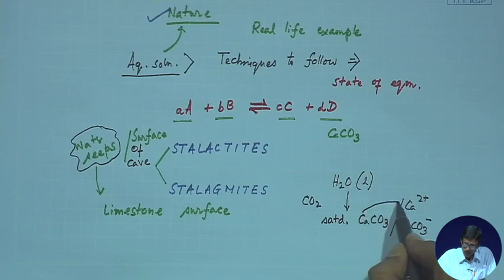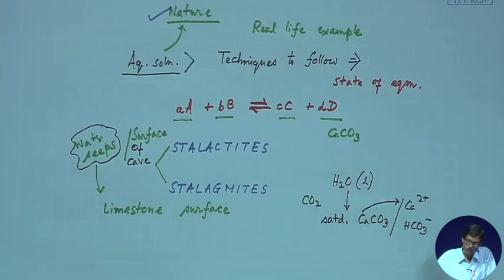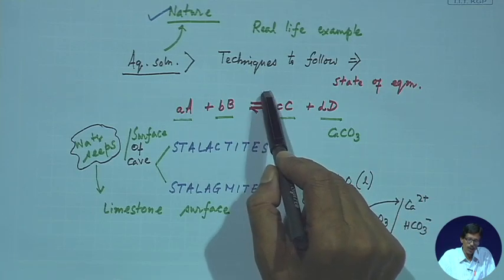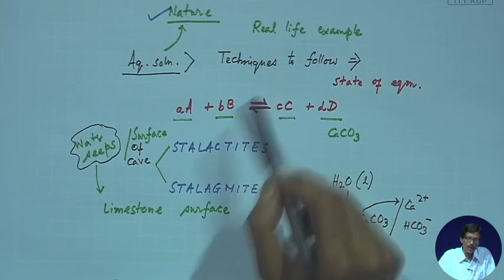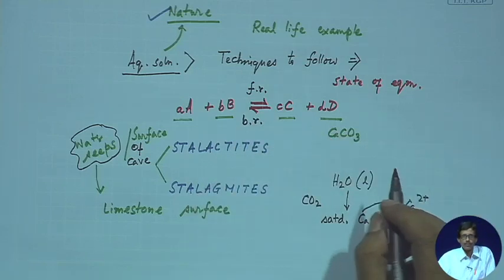Basically, some amount of calcium as calcium 2 plus is coming out, that means some amount of calcium is leaching out from the limestone. If we have the equilibrium, that means there are arrowheads on both sides. This is the forward reaction and this is the backward reaction.